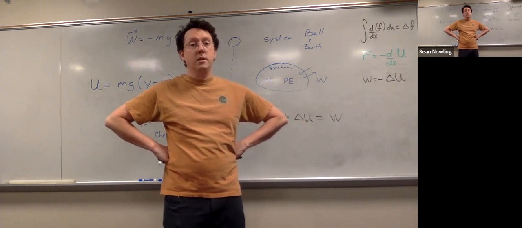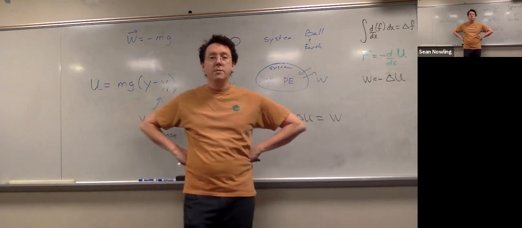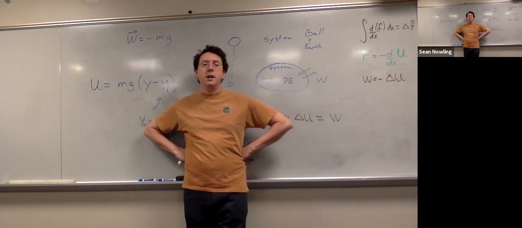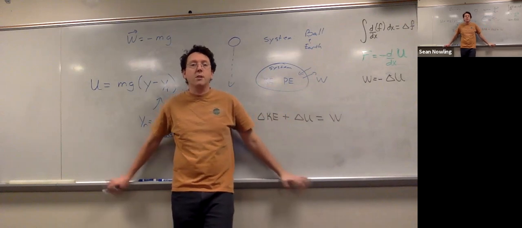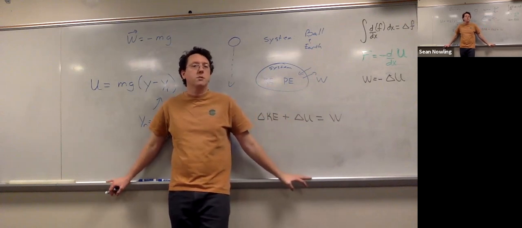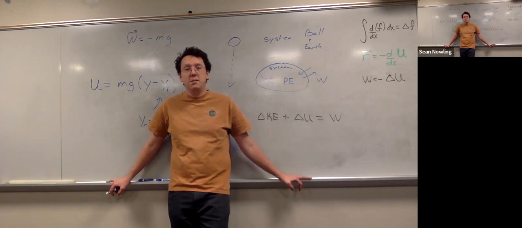If you know the formulas for potential energy, it allows you to basically bypass having to do some of these integrals to calculate work, especially when the forces are not constant. For constant forces, it really doesn't matter. But for non-constant forces, it's just tedious to always have to do the integrals, whereas if you use potential energy, it's just done for you.